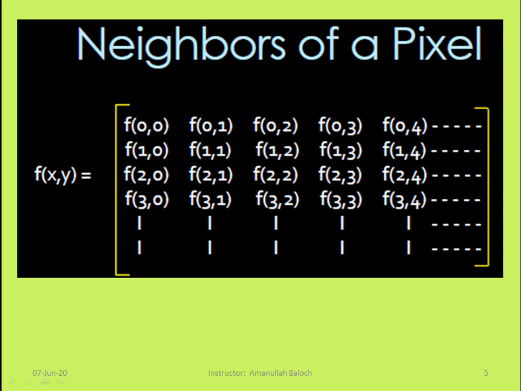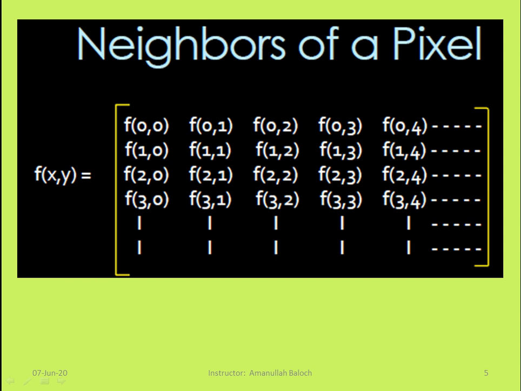This is an image f of x, y equal to f of 0, 0, f of 0, 1, f of 0, 2, because this is row 0 and this is column 0. In row 0, the column goes 0, 1, 2, 3 and changes, while the value of the row remains constant. That is, the x value remains constant and the y value will vary. Then f of 0, 0, f of 0, 1, f of 0, 2, f of 0, 3, and 4, and so on.